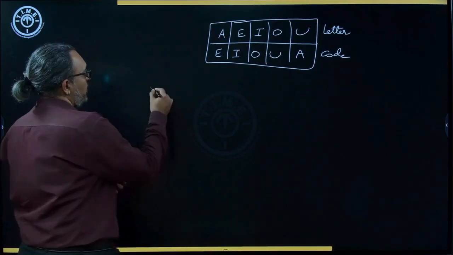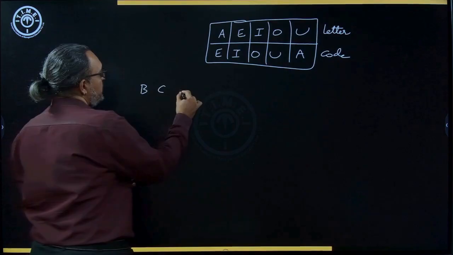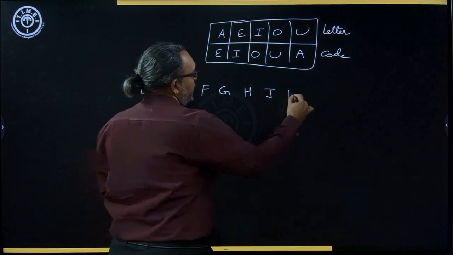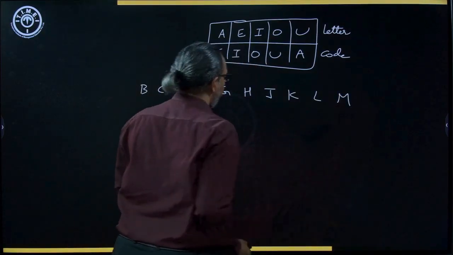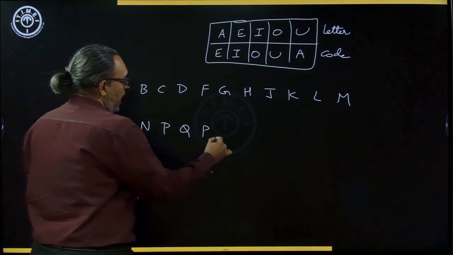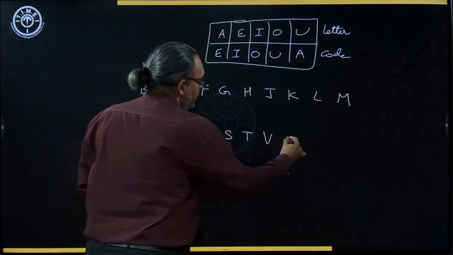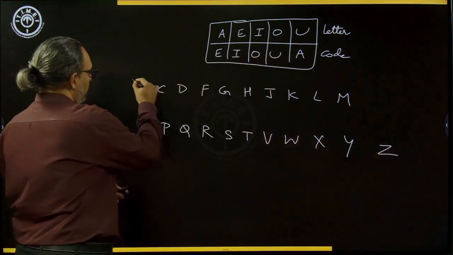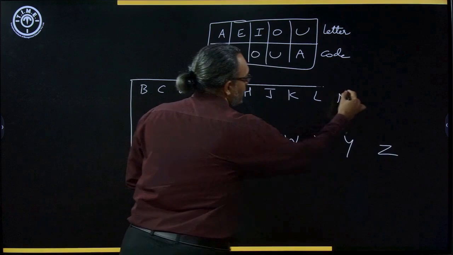Correct? Now consonants. The consonants we have are B, C, D, F, G, H, J, K, L, M, N, P, Q, R, S, T, V, W, X, Y, Z. So these are my consonants.